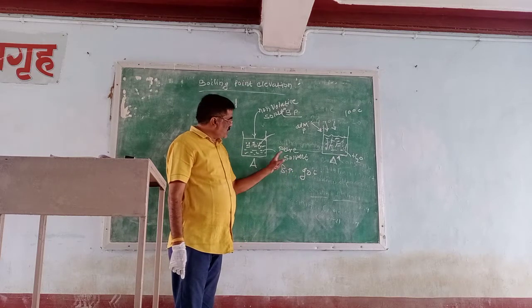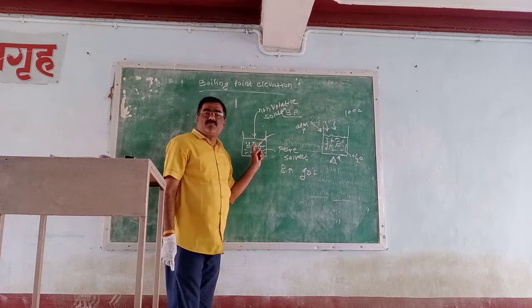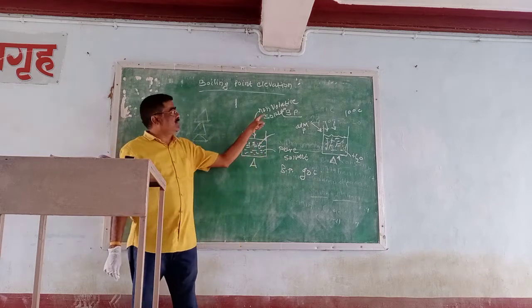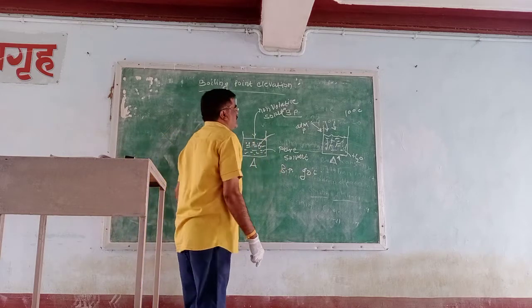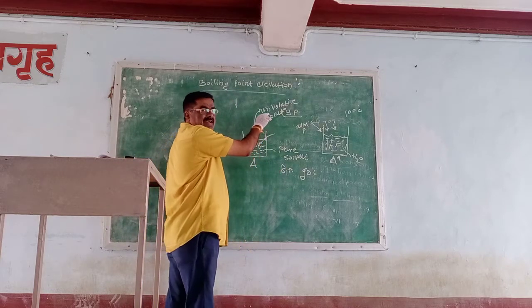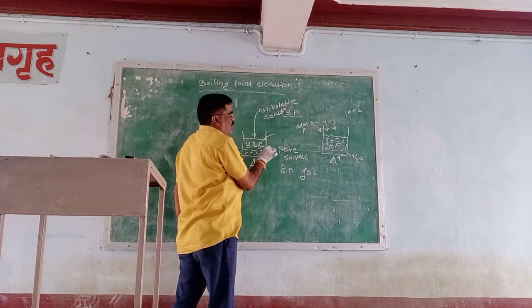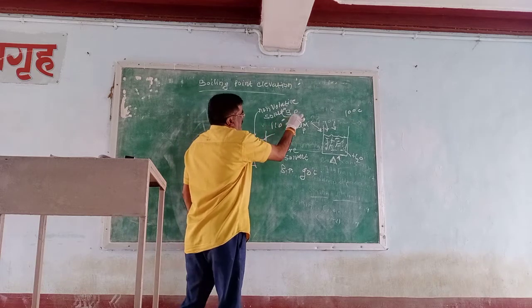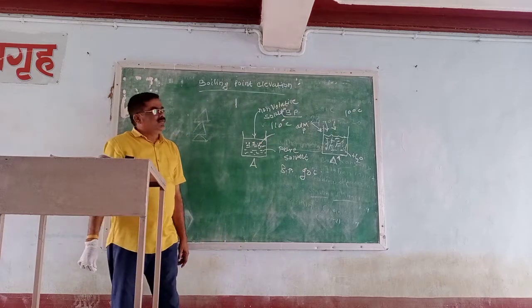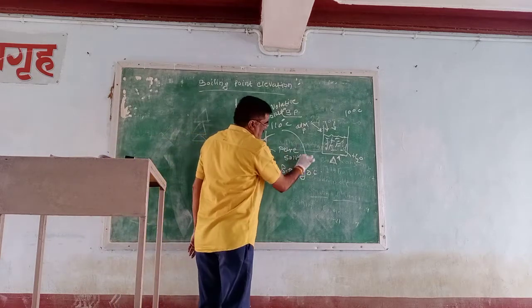The boiling point of the pure solvent is less as compared to the boiling point of the solution in which the non-volatile solute is added. There is a difference. For example, 110 degrees Celsius. Means there is a large difference between these.